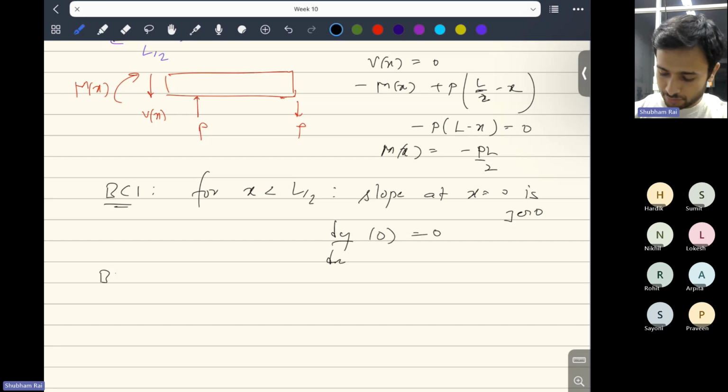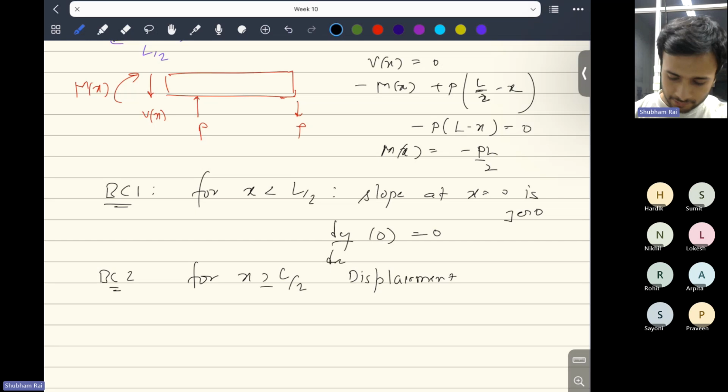The second boundary condition will correspond to x greater than or equal to L by 2, let's say. That will be displacement at x equal to L is 0. So it means your y at x equal to L will be 0. Okay.